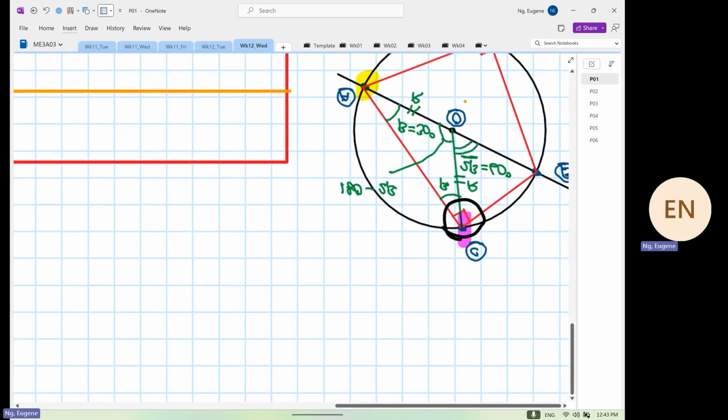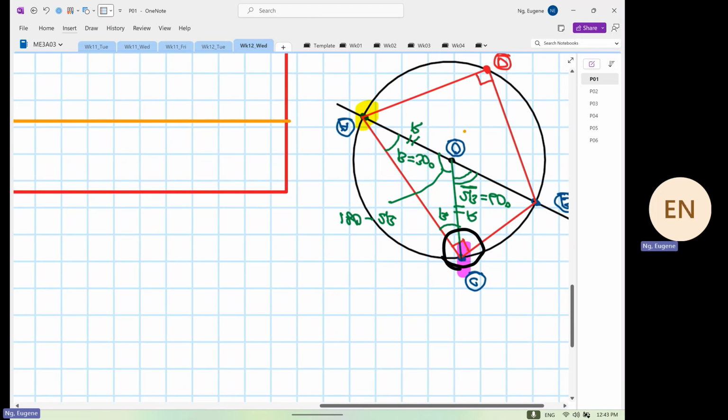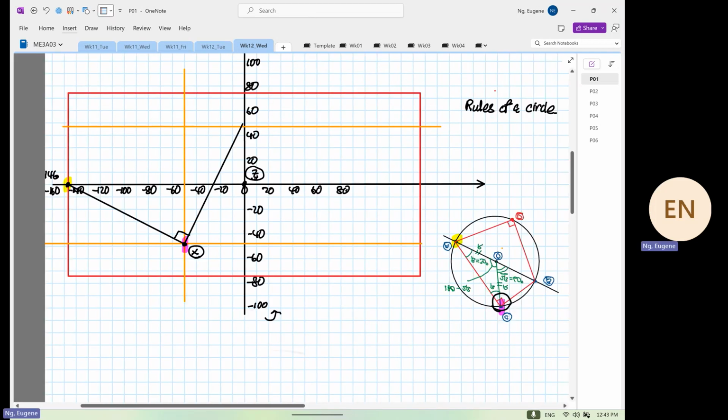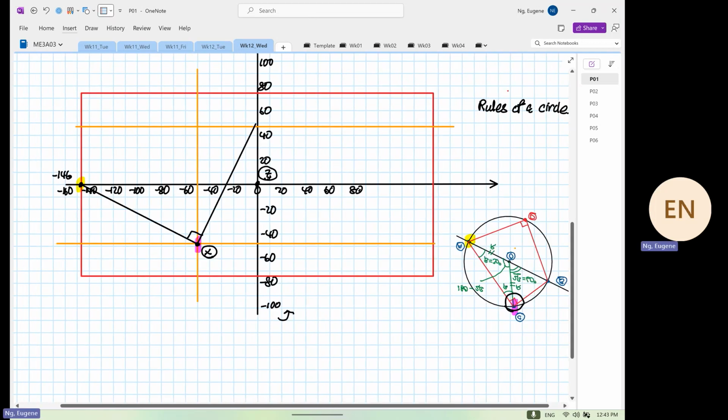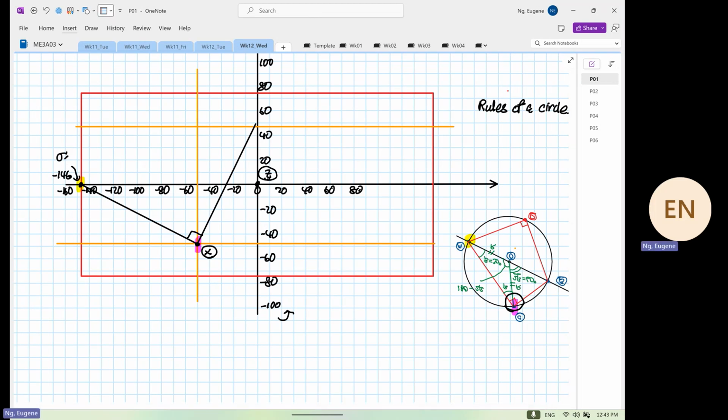If you zoom in close enough, that angle is 90 degrees, rules of the circle. So I'm going to call this point over here stress A. This point over here is our stress B, and ultimately this point over here will be our stress C. Later on, you will see it.